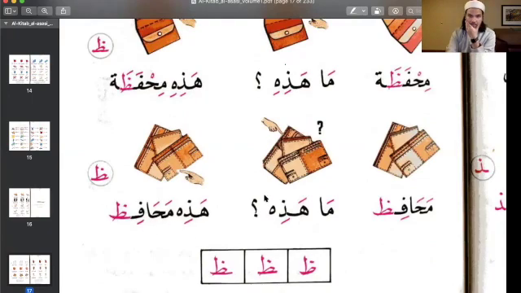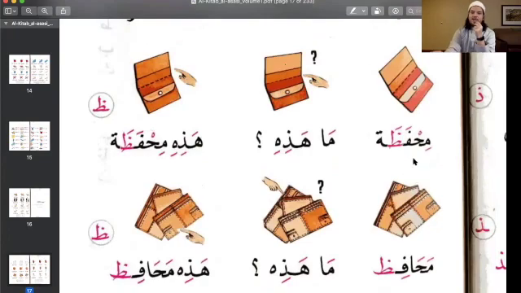Good. So ما معنى محفظة? What is the meaning of محفظة? A place to keep money? Coin purse. Card holder. Wallet. Yes.